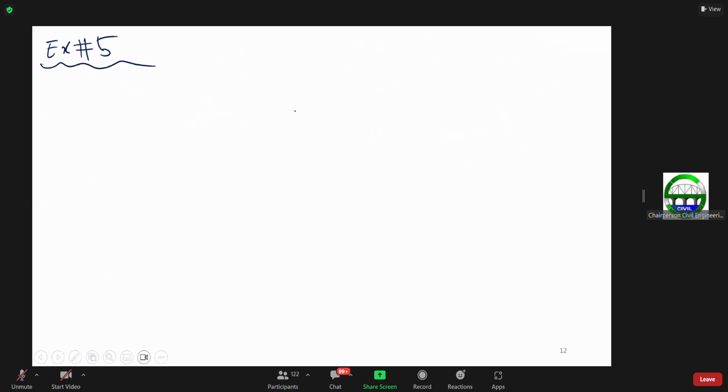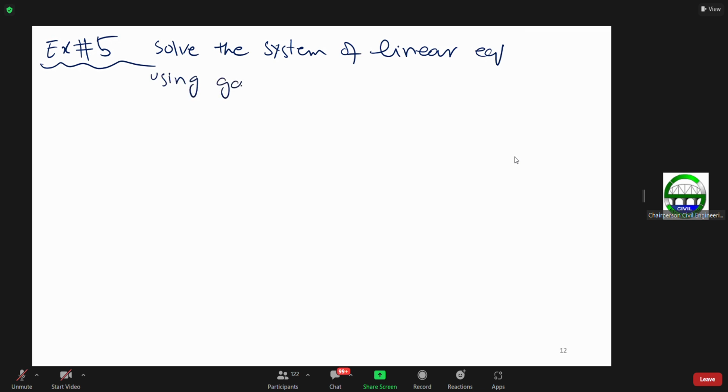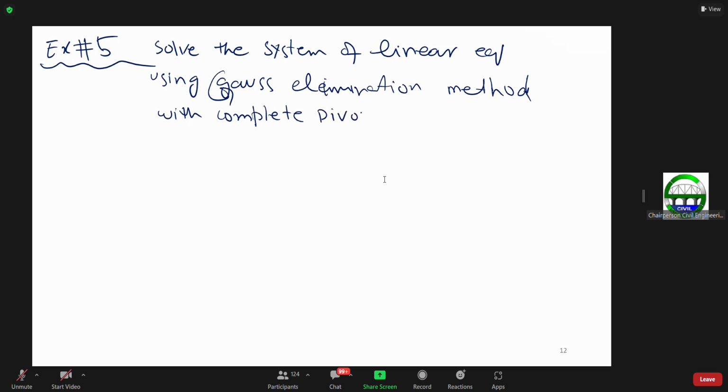They say: solve the system of linear equations using the elimination method with complete pivoting.